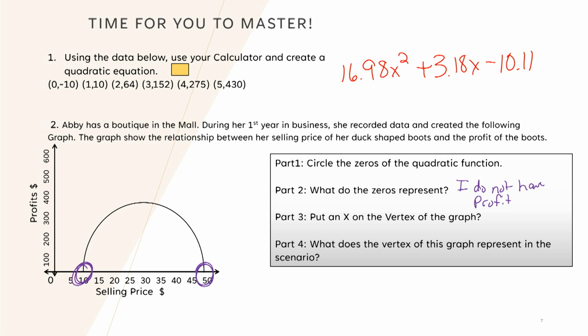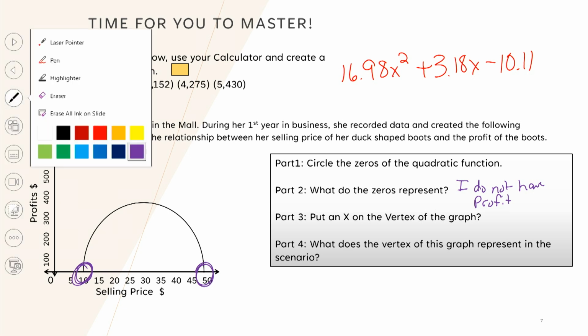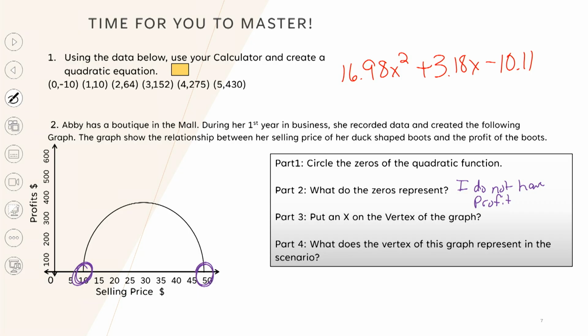All right, so now let's put an X on that vertex. I'm going to say it's about right there. And if I had to look, I would say it's about 30, 400. So then what does that mean?